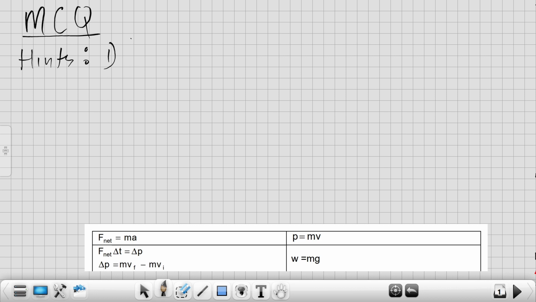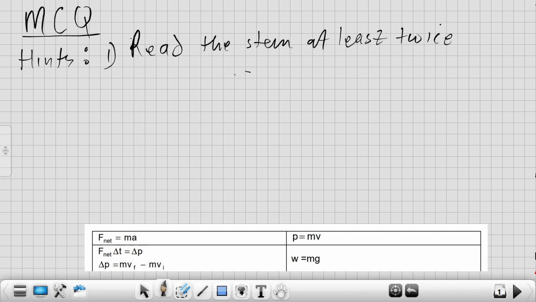The first thing that I do, in most cases, is to read the stem at least twice. This helps me read the question, identifying, of course, the keywords.